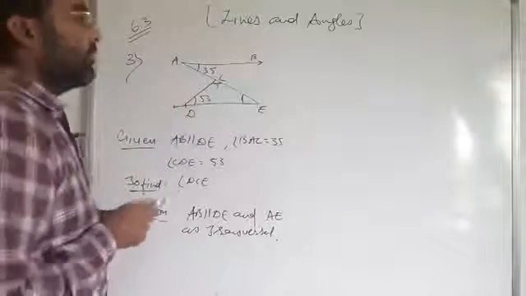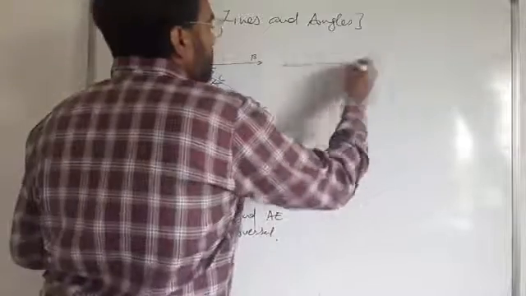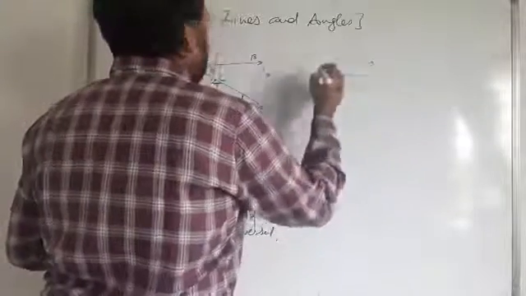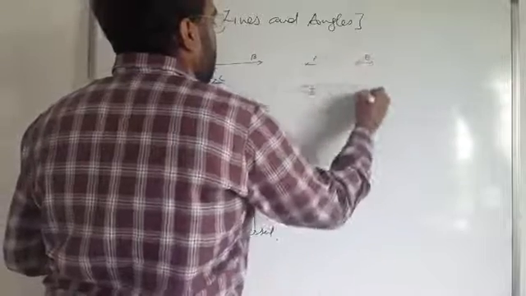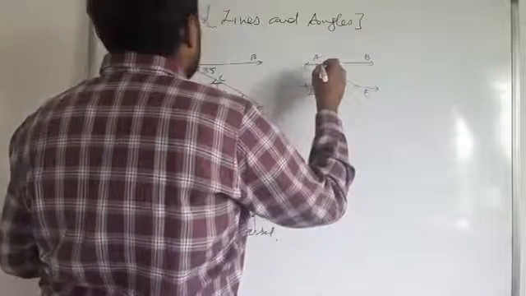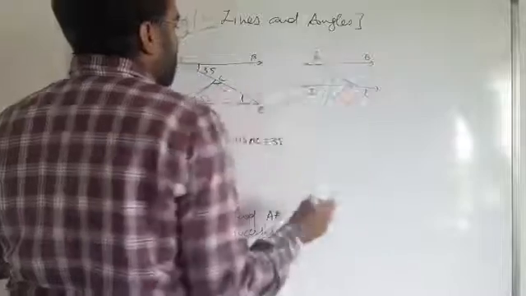So your figure is formed like this: this is AB, DE, and this is your transversal AE.